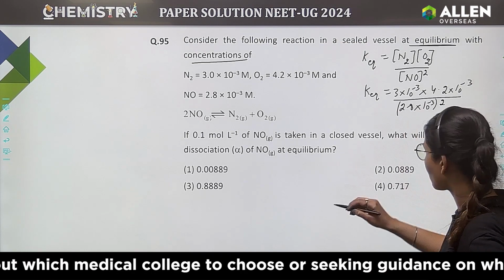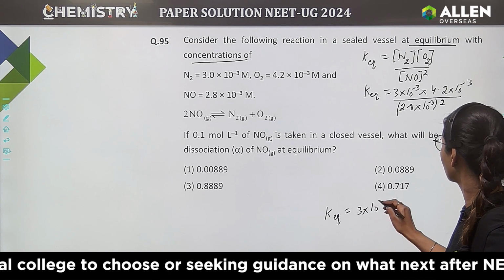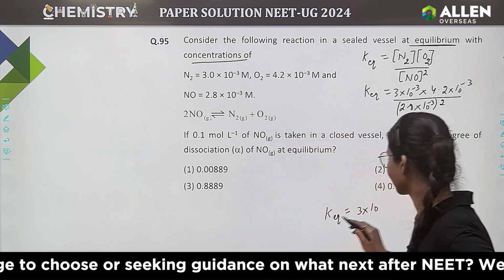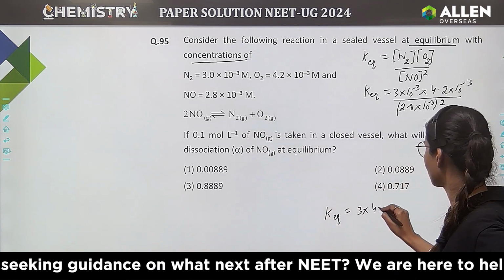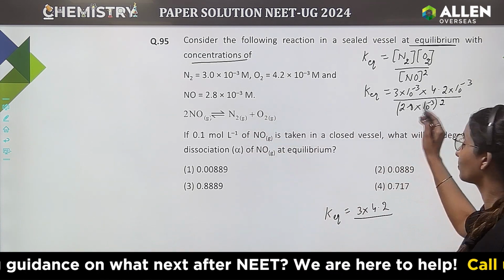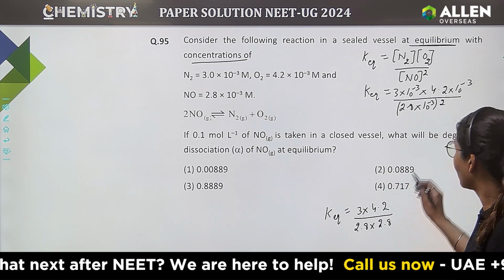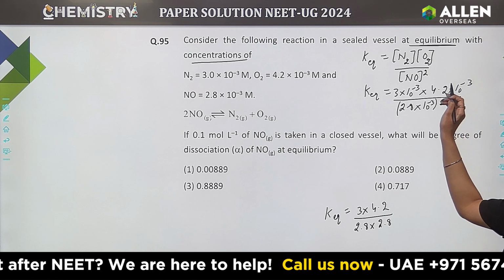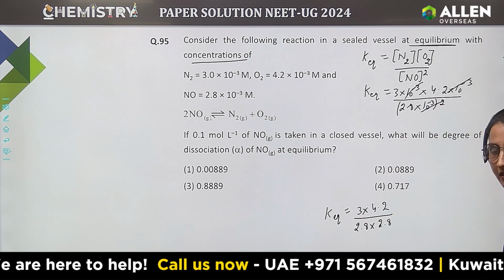If you solve from here, students, K equilibrium would be 3 into 4.2 divided by, see, 2.8 square means 2.8 into 2.8. The 10 raised to power minus 3 factors, 2 times in the denominator, will cancel out, no? This we have to solve.